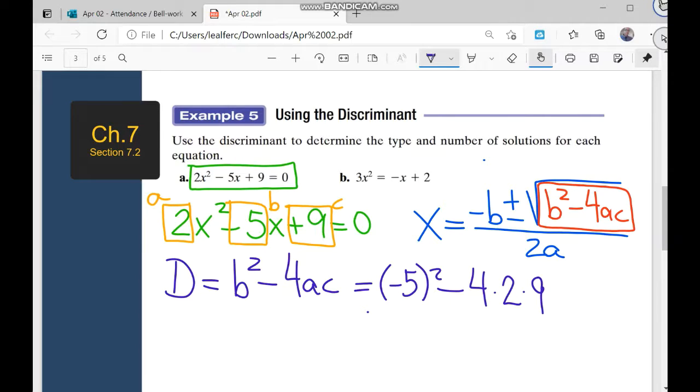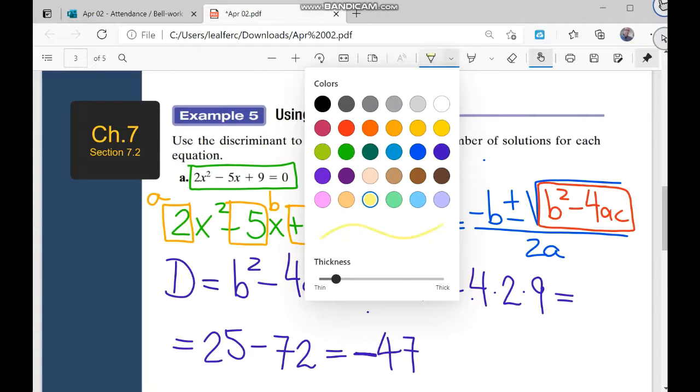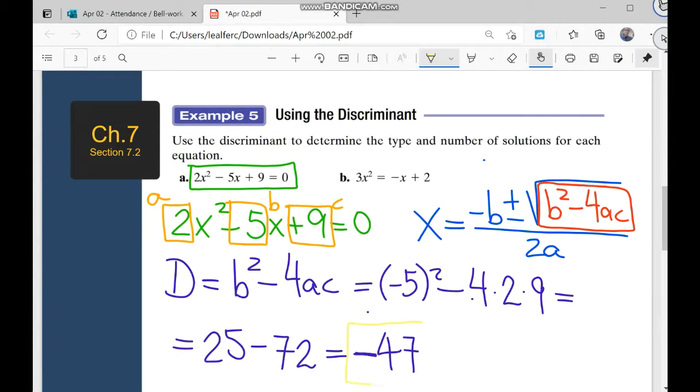This equals negative 5 squared, 25, minus 4 times 2, 8, times 9, 72. And this is going to equal negative 47. Okay. The value of the discriminant is negative 47.